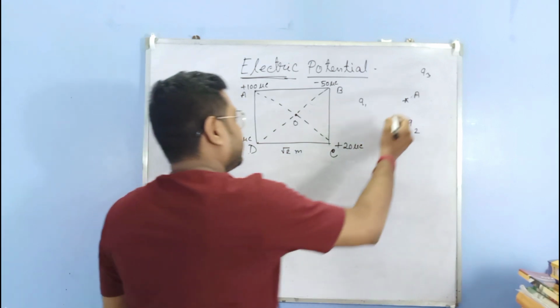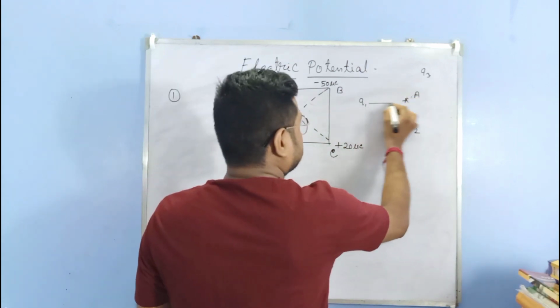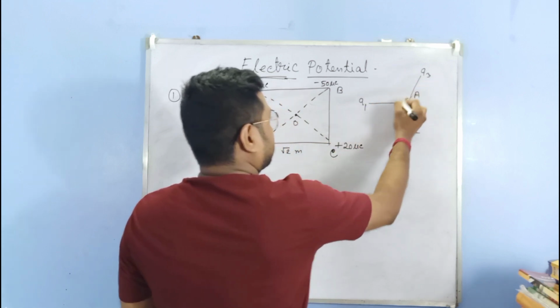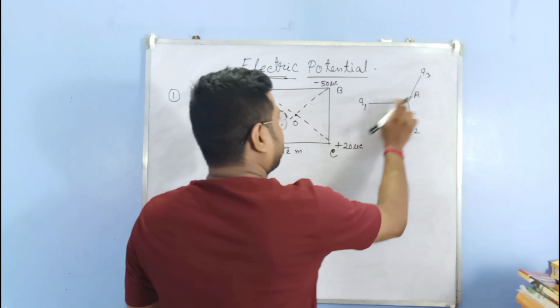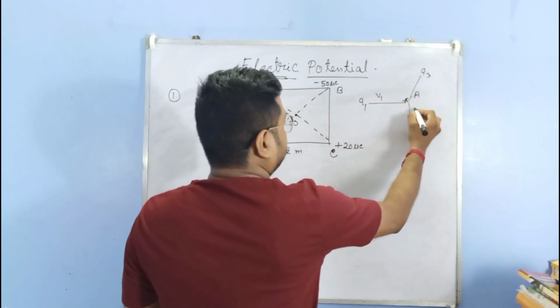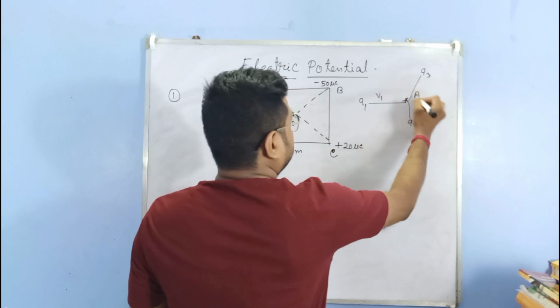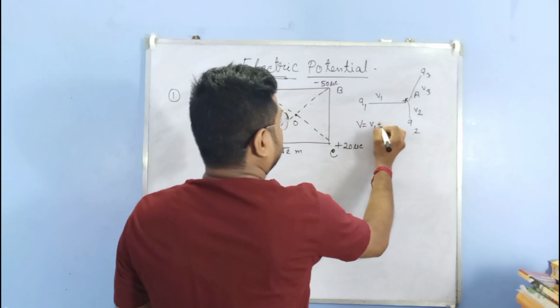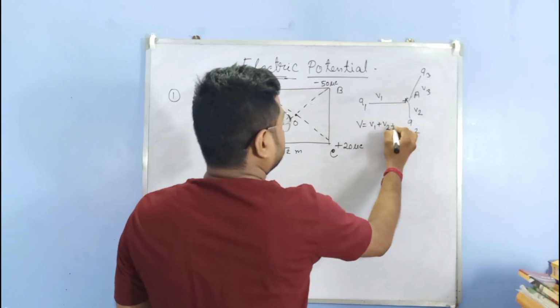Then the electric potential at A will be the sum of the potentials. Suppose for charge Q1 the potential at A is V1, for Q2 it is V2 and for Q3 it is V3. Then, according to the principle of superposition, the total potential at A will be V1 plus V2 plus V3.